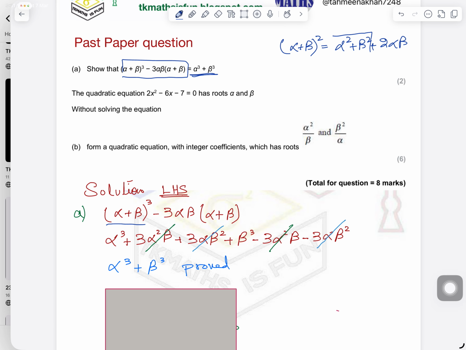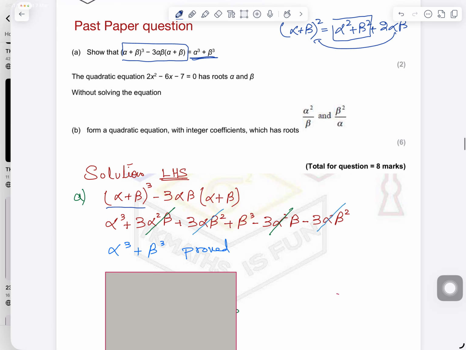And to find out this answer, I was manipulating it, right, in the previous example. The same thought is developed here for alpha cube plus beta cube. So this is the purpose of doing this part, basically, right?